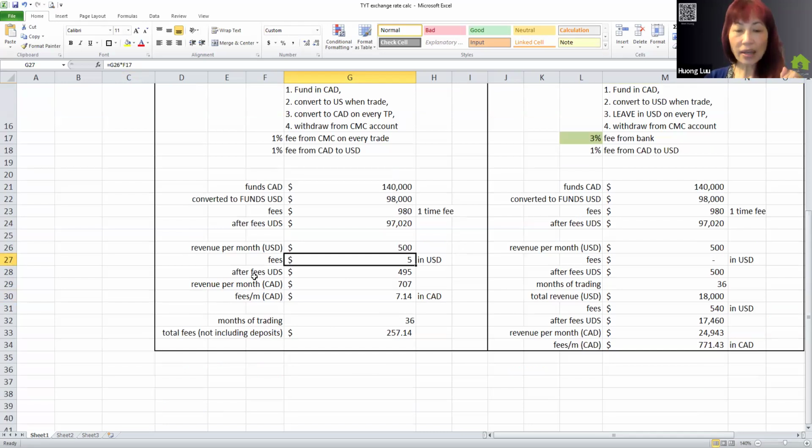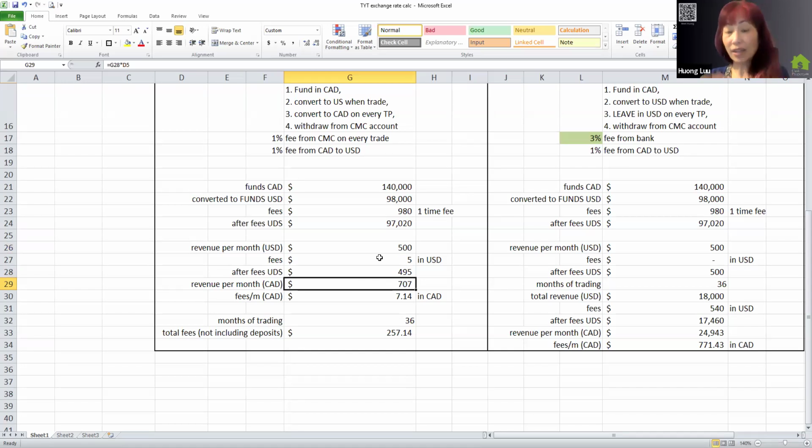Okay. And then my profit after fees is going to be $495 instead of the 500. So my revenue at the end of the month is going to be in Canadian $707, because I've done the conversion already at whatever the exchange rate is.